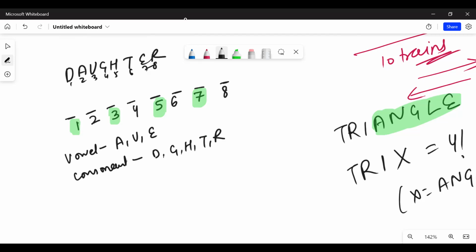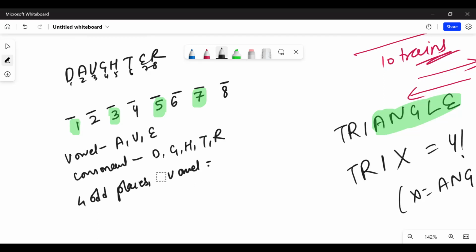Any doubt, guys? No, sir. Okay. How many odd places? 4 odd places, 3 vowels. So in how many ways can 3 vowels come in 4 odd places?